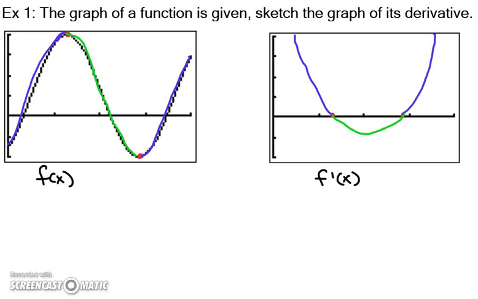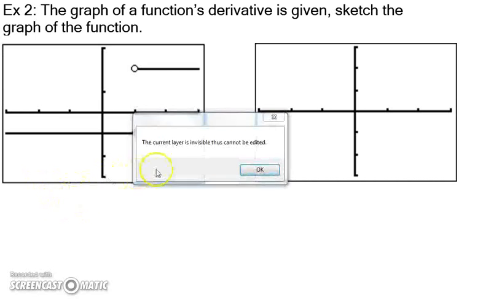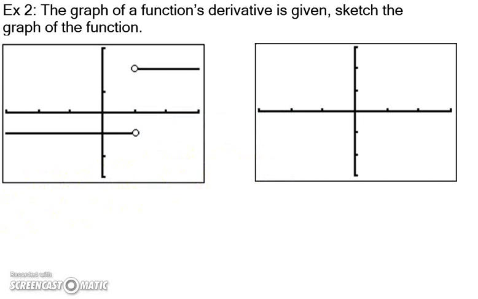So there's one more example that we're going to look at. And it's actually going the other way. So in this example, we're given the graph of the derivative, and we're asked to graph the actual function. So we actually have to think backward a little bit here.